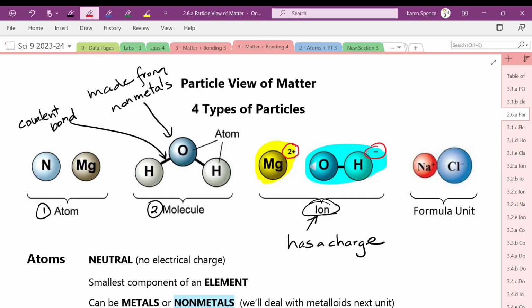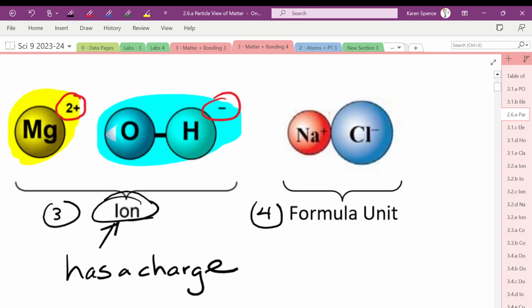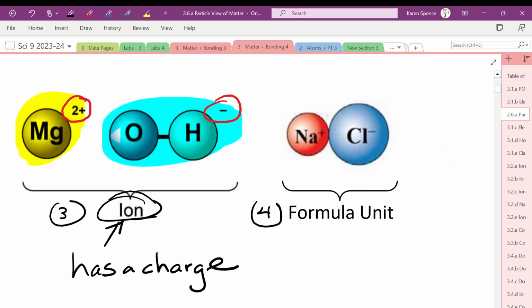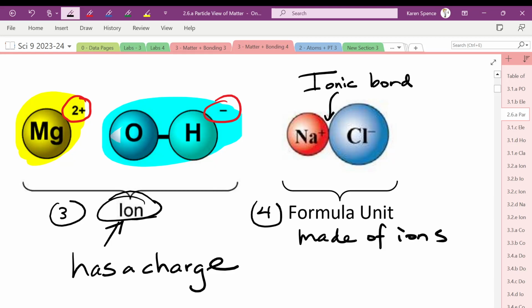How can we tell the difference between a formula unit and a molecule? Because a formula unit looks a little bit like a molecule, but what do you notice inside of it? Adri? The formula unit is ionic. There is an ionic bond, and it is made of ions. What happens if you put a bunch of formula units together?